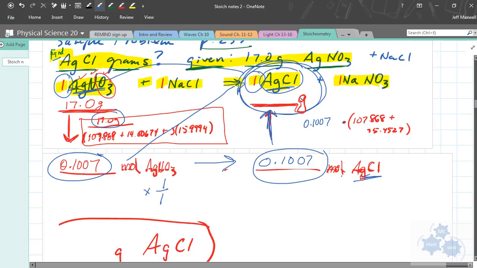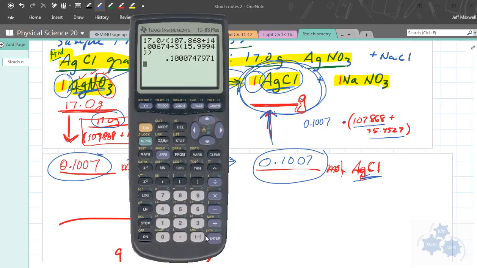So I take this number of moles of AgCl and I multiply by the grams per mole of silver chloride. And so that's 107.868 plus 35.4527. So I'm going to take my answer and multiply by, I'm going to use my brackets here and add it all up.